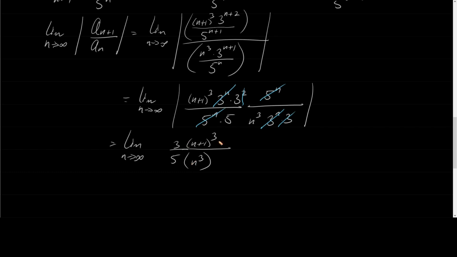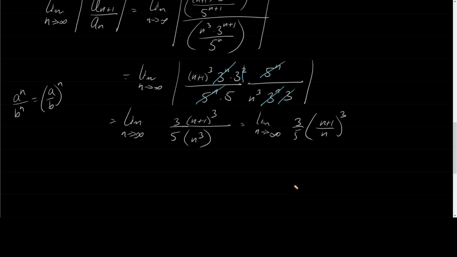At this point, we can rewrite this as the limit as n goes to infinity of 3/5 times n plus 1 over n, cubed. Essentially, I'm saying that a to the n over b to the n is the same thing as a over b to the n, right? That's what I applied here to go to there.